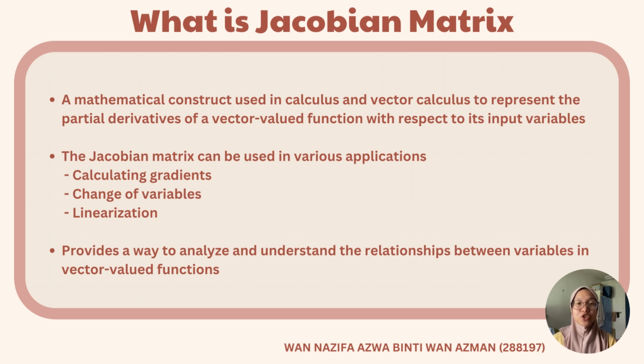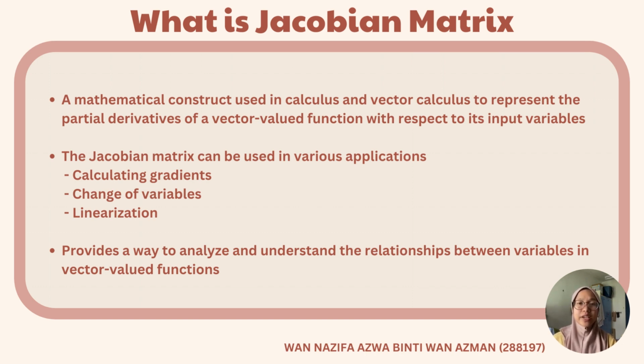Secondly, change of variables. When performing a change of variables in multiple integration or coordinate transformations, the Jacobian matrix helps account for the stretching and rotation of the coordinate system. Next, linearization. The Jacobian matrix allows linear approximations of the function near a point.